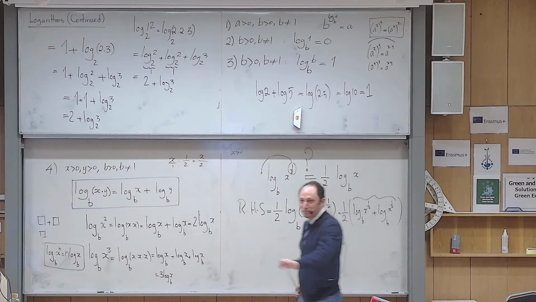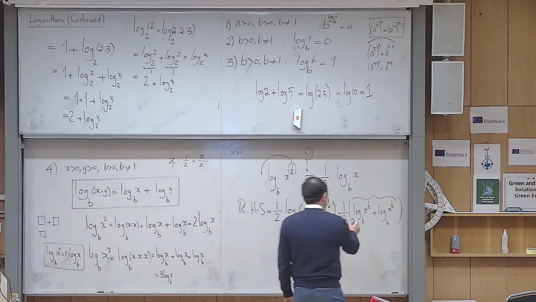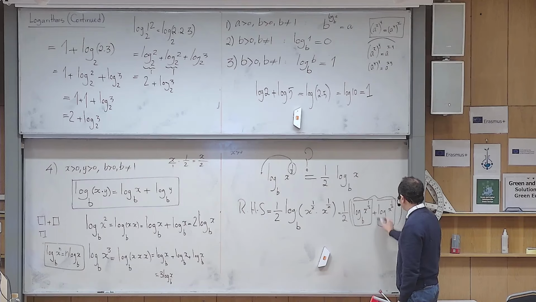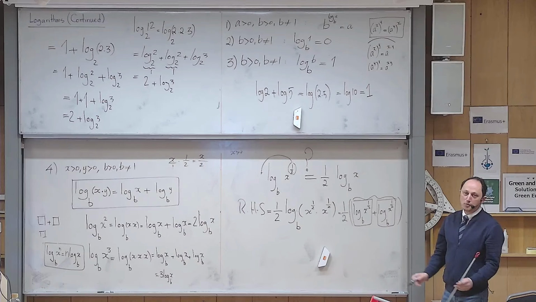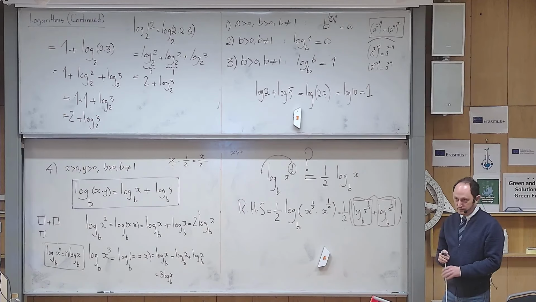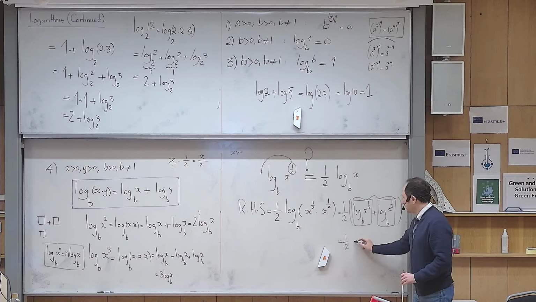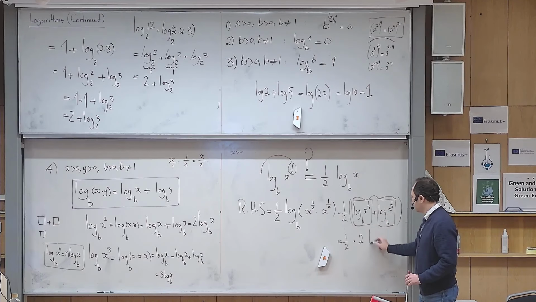Is this box plus box so hard for you? 1/2 log x. This is now the box. This is also the box. So what is that? 2 boxes. How many times do you need to be reminded of this? Okay, so I have 1 over 2 multiplied by, instead of writing box plus box, I write 2 boxes.